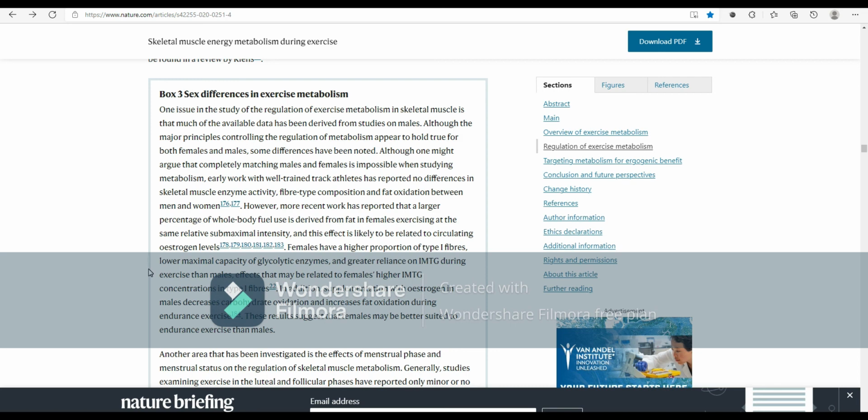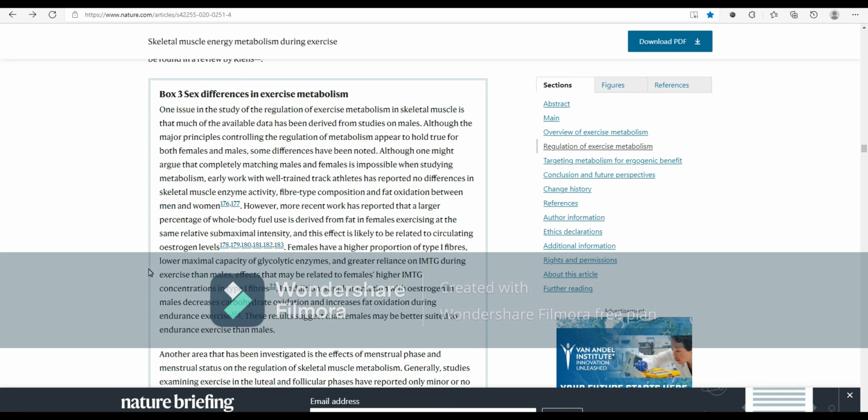So low maximal capacity of glycolytic enzymes tells us that energy production during the anaerobic processes is quite limited, and there is greater reliance on IMTG during exercise than in males.